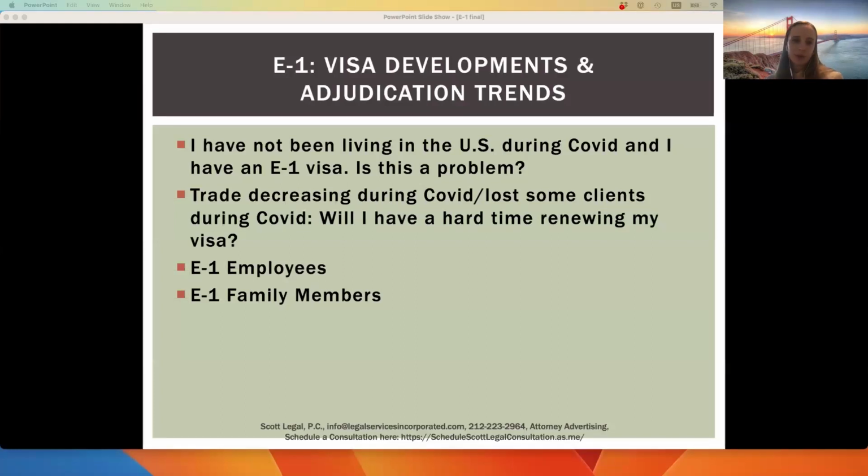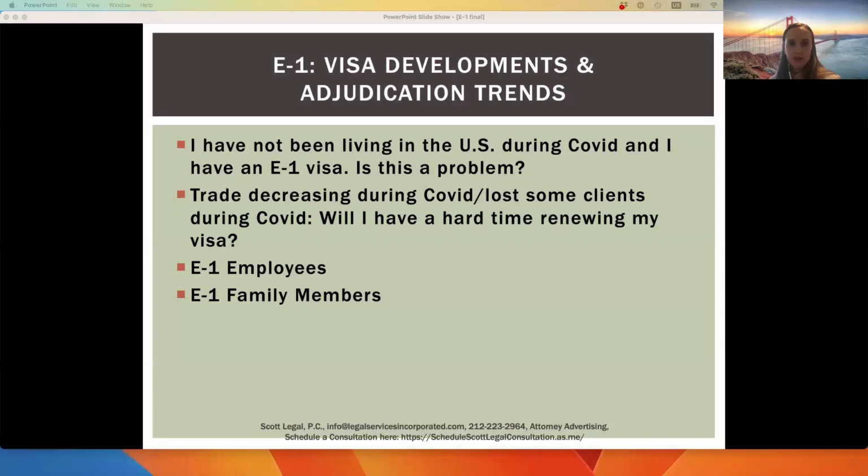But the important thing is to show that at some point the trade picked up again, so we would explain the decrease in trade and then focus on the fact that at some point it increased again.